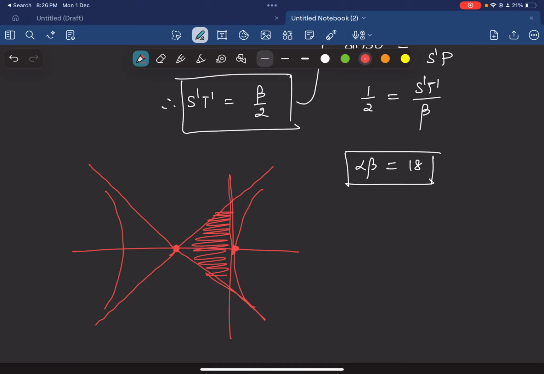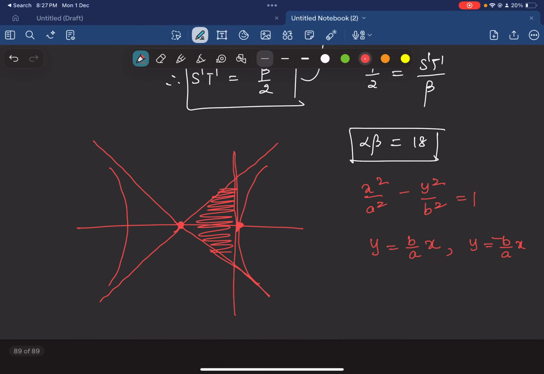What are the equations of asymptotes of a hyperbola? If x square upon a square minus y square upon b square is equal to 1 is your hyperbola, then your asymptotes will be y is equal to b upon a x and y is equal to minus b upon a x.